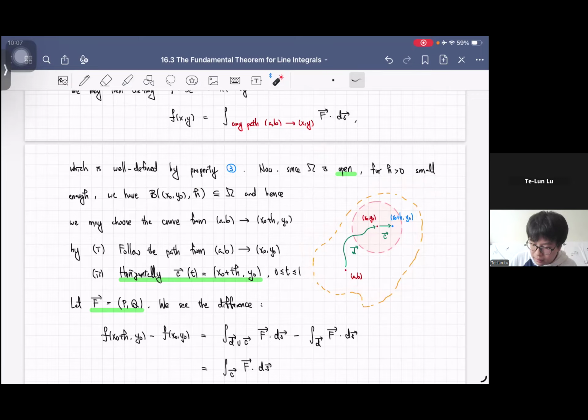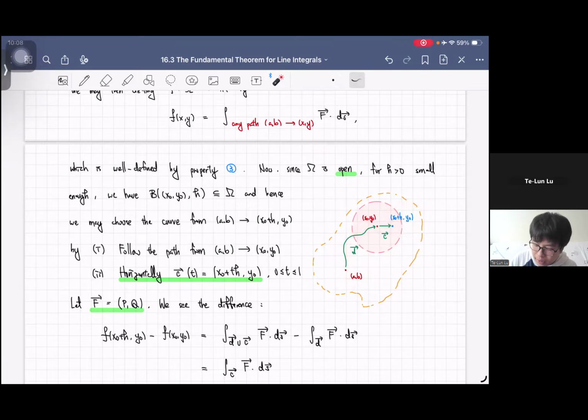So let us denote the path from (a,b) to (x0, y0) by D. Again, the existence of this path follows from path connectivity. And let us choose the path from (a,b) to (x0 plus h, y0) to be D union C, where C is a horizontal curve.